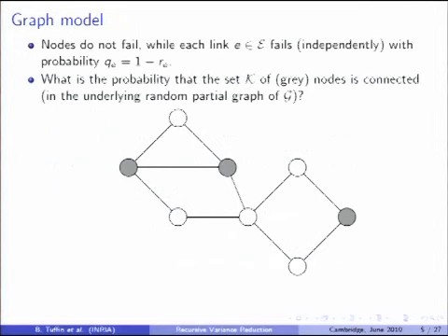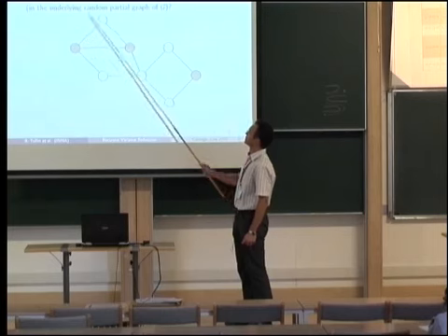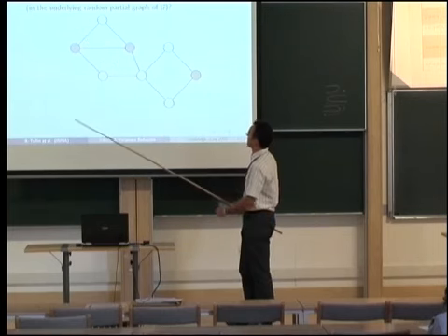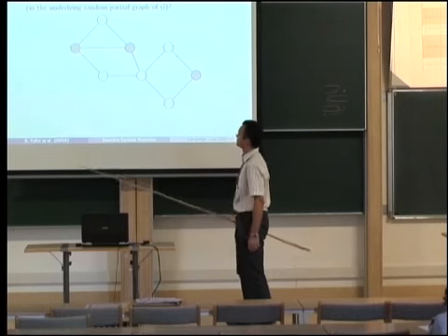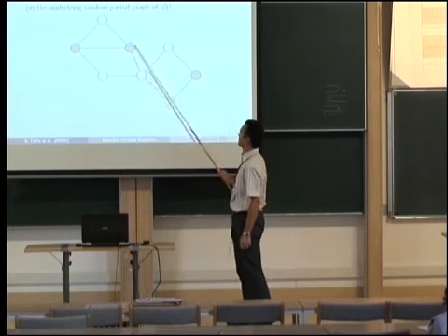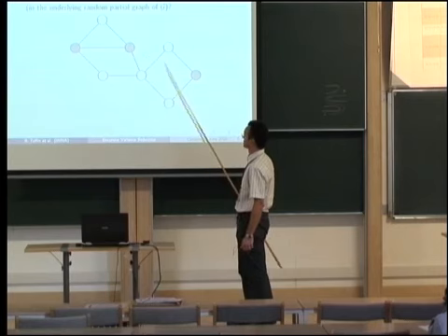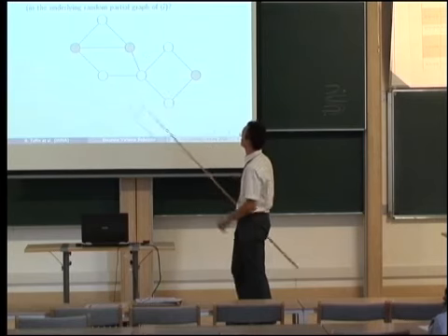We assume again that nodes do not fail, and each link e can fail with a given probability q_e, and our goal is to compute the probability that a given set of nodes, here those three nodes in gray, stay connected given that the links can fail.